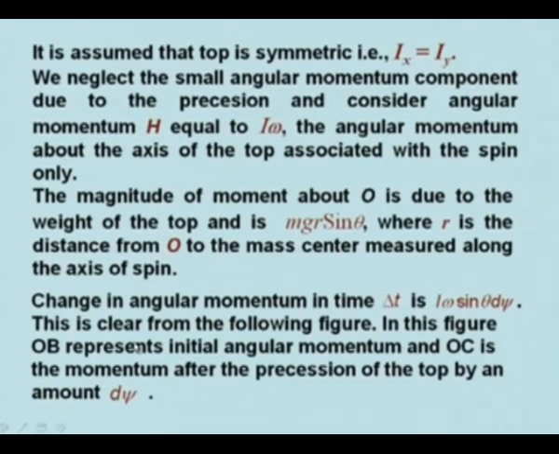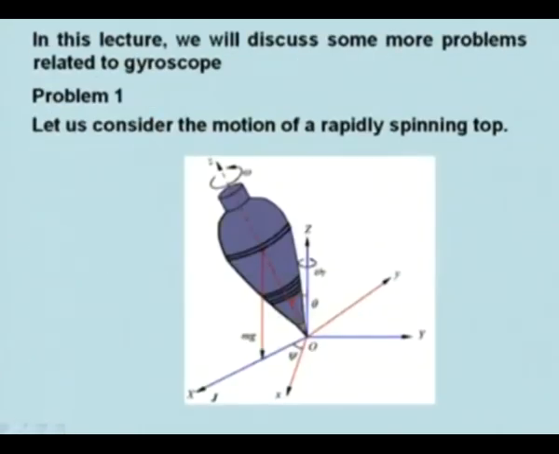The magnitude of moment about O is due to the weight of the top and is mgr sin theta, where r is the distance from O to the mass center measured along the axis of spin.